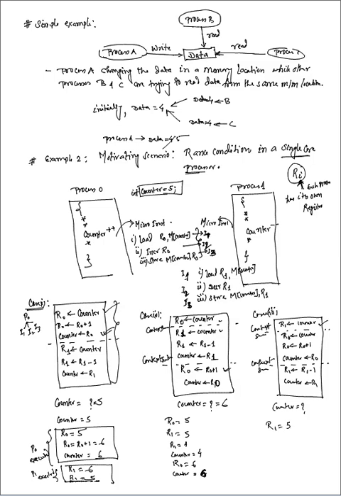Then R0 is 5. Then we increment R0 to 6. Then save the value to the counter. Counter equals 6. Then decrement R1 by 1, 4, and save this value to the counter. So here counter value is 4.